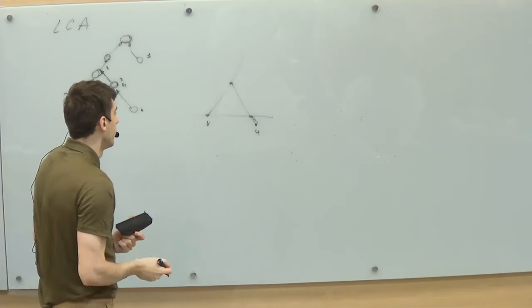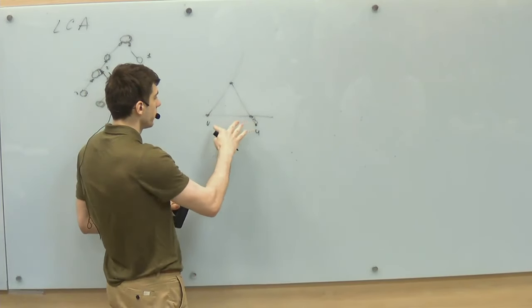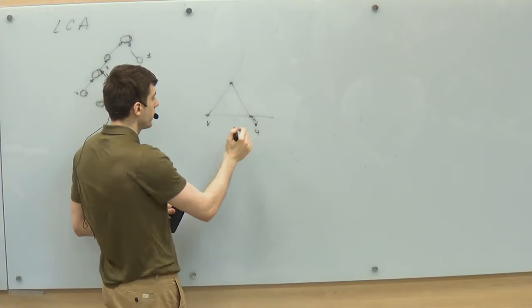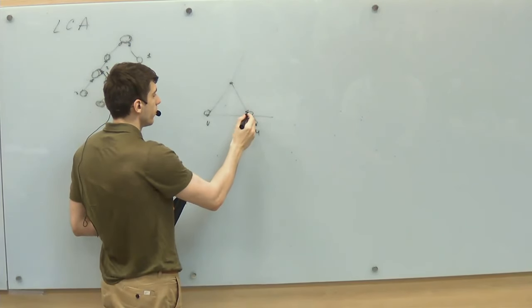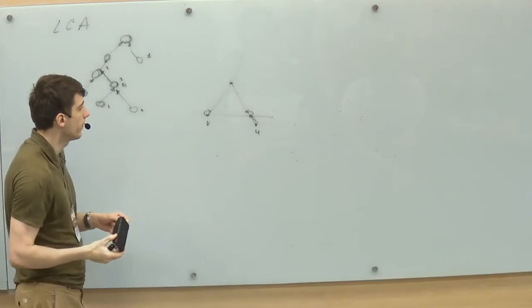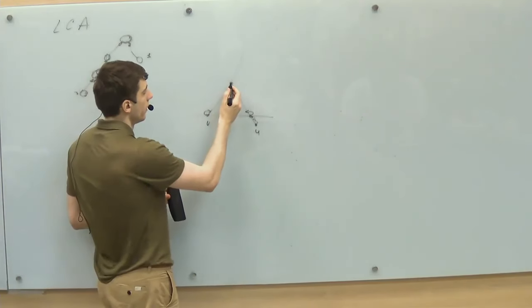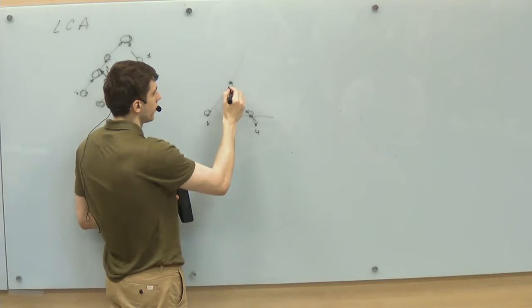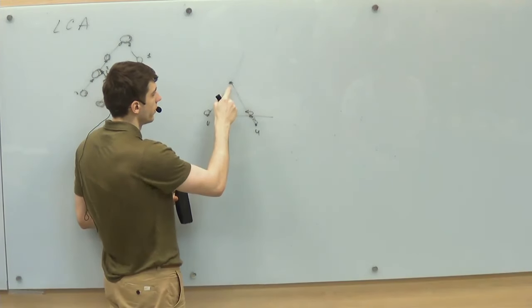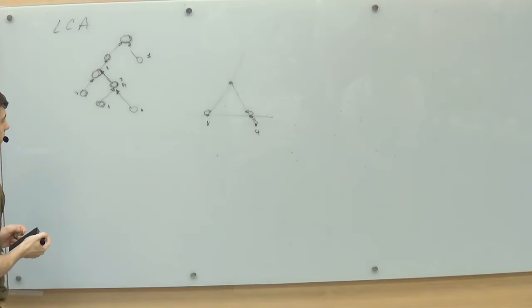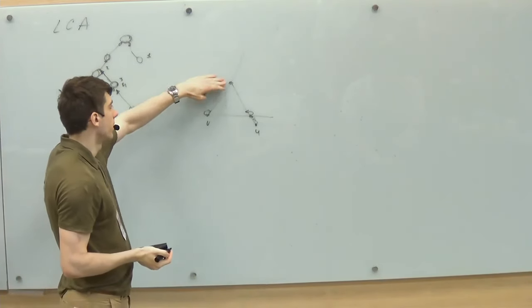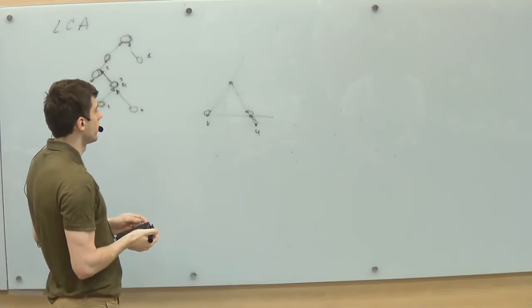Once we know that the pair of vertices have equal depth, we can iterate them simultaneously. We move up both of them until both vertices match the same vertex. That will be exactly the case when we have come to the lowest common ancestor.